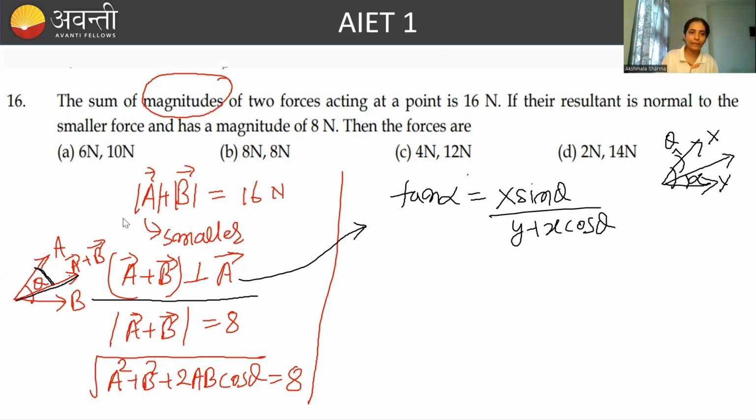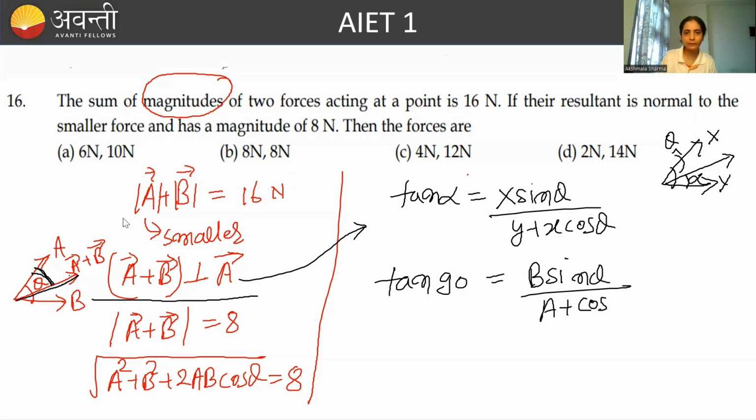So if we are forming the angle with A, y will get replaced by A and x will get replaced by B. So tan alpha, that is, tan alpha is given as 90 degrees here. So this is B sin theta divided by A plus B cos theta. Now look, tan 90 value is how much? This is infinity.